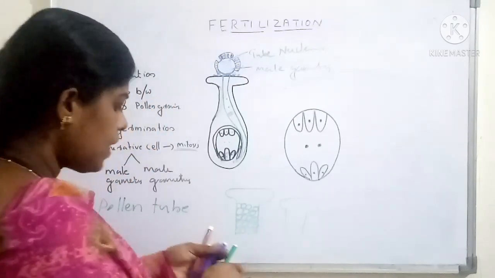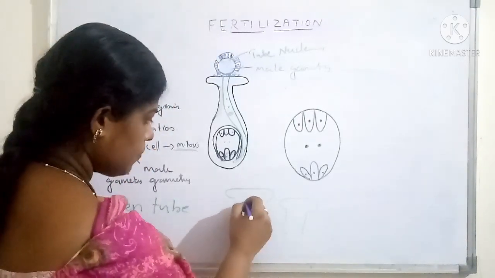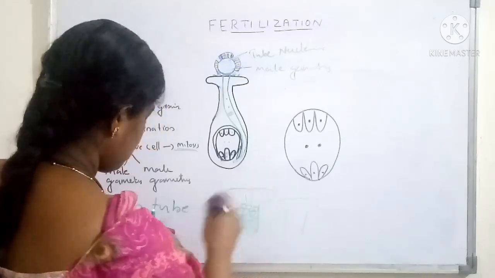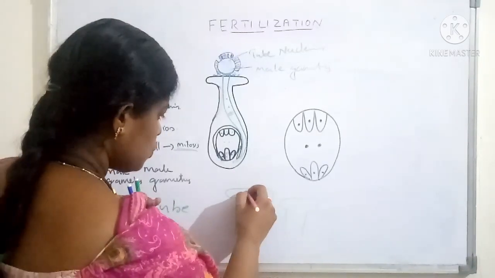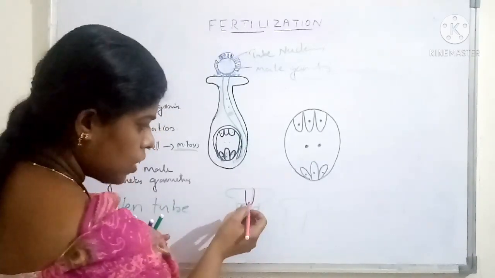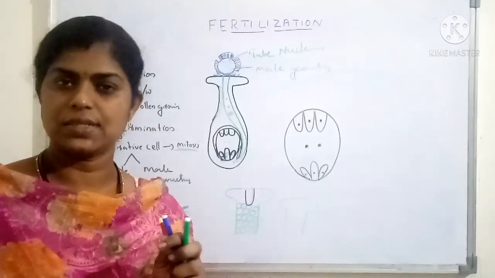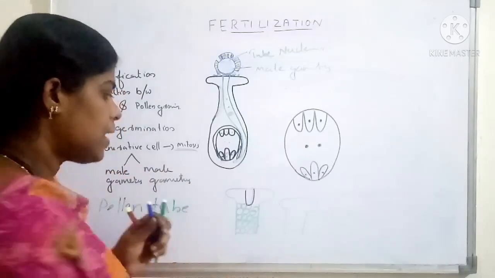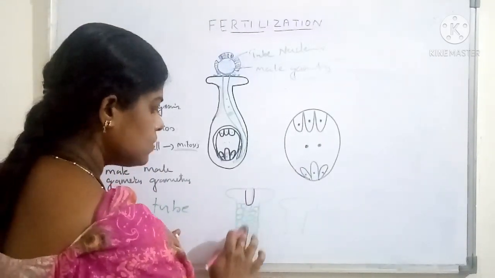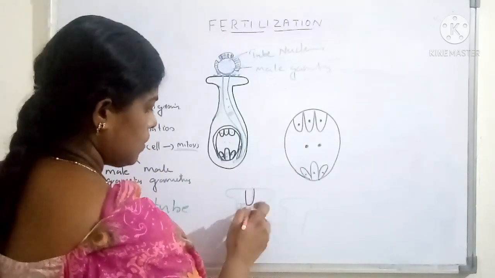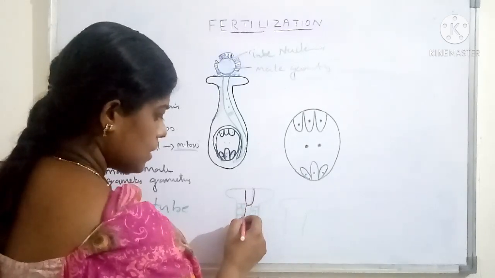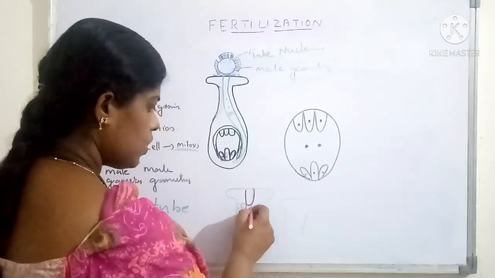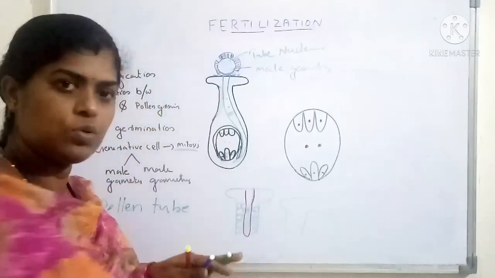When a pollen tube arises, it secretes some enzymes, and those enzymes dissolve the cells within, so that the pollen tube can easily pass through the style.